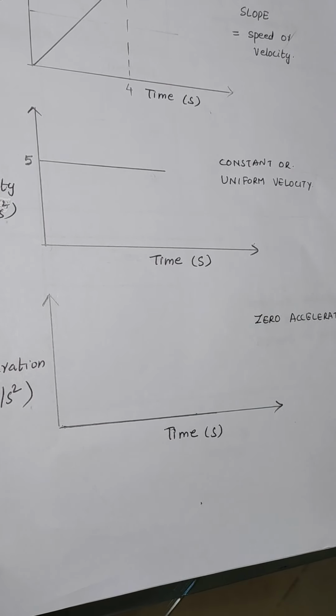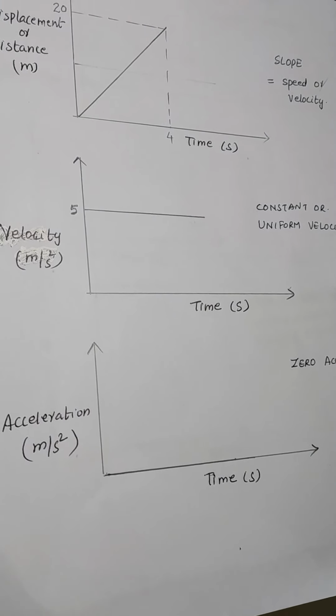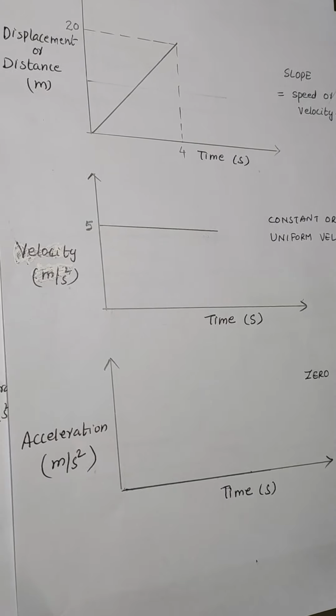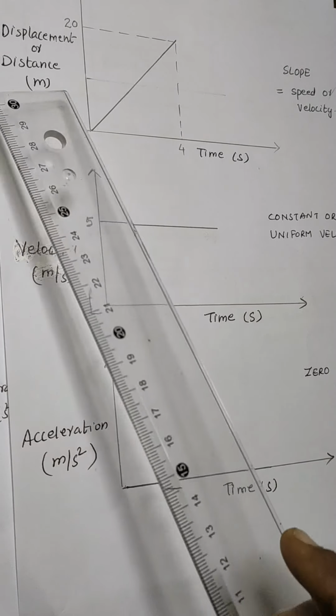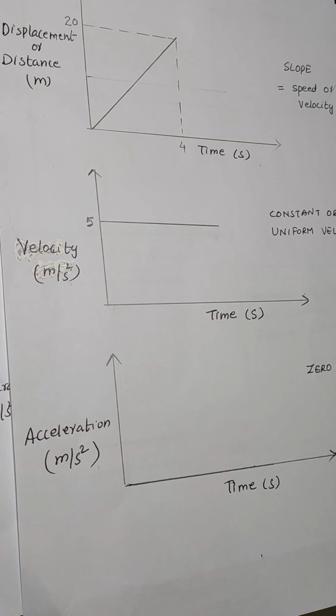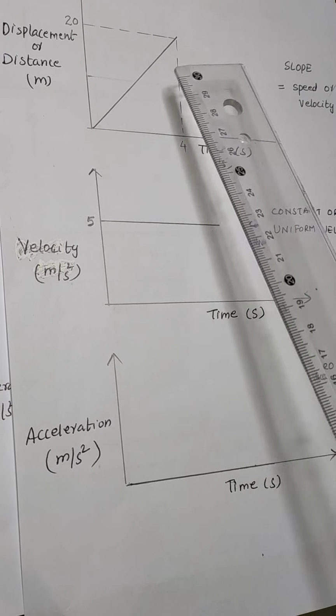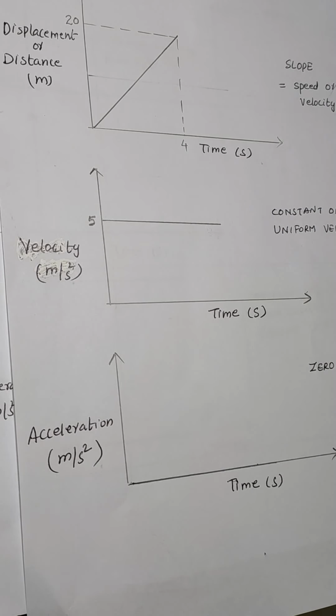Now, you can see here in this graph, this is a graph connecting displacement or distance on the y-axis and time on the x-axis. The slope of this graph or the gradient of this graph represents speed or velocity.